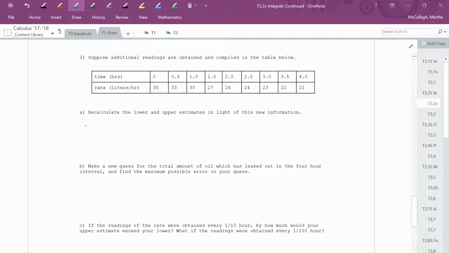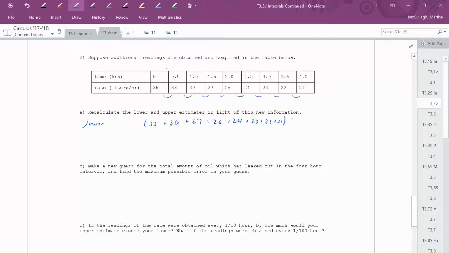For our lower estimate, we're going to take the lower value in each one of these intervals. So our lower is 33 plus 30 plus 27 plus 26 plus 24 plus 23 plus 22 plus 21.